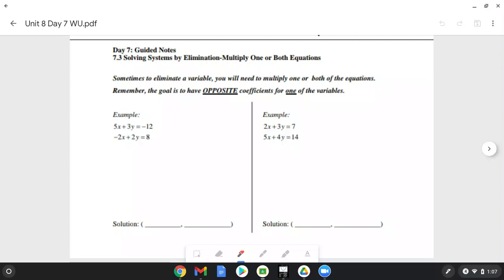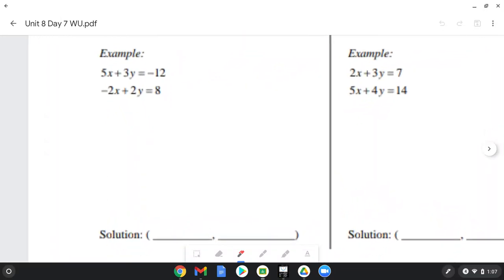If we take a look at this first example, up top, it first says sometimes to eliminate a variable, you'll need to multiply one or both. Remember, the goal is to have opposite coefficients for at least one of the variables. So when we look at this first example on the left, I notice that my x's or y's can be chosen to eliminate if we have to multiply both.